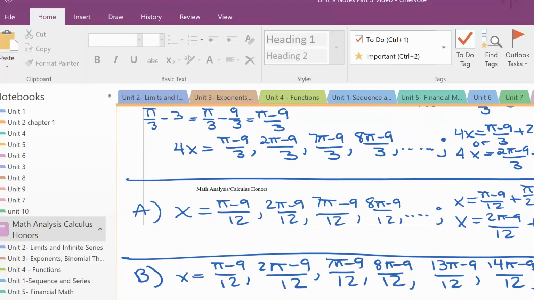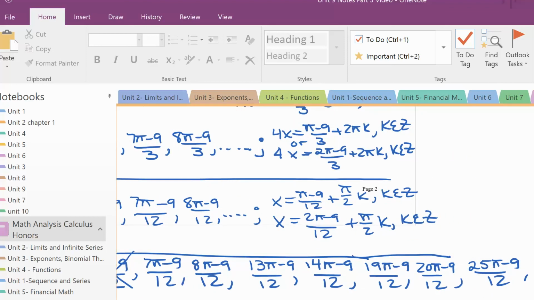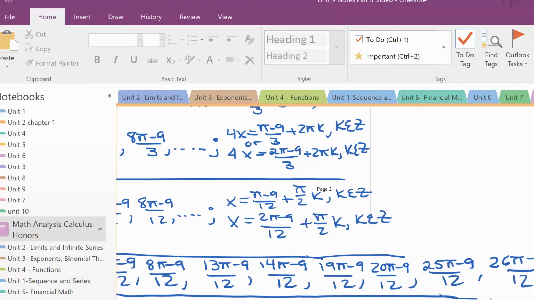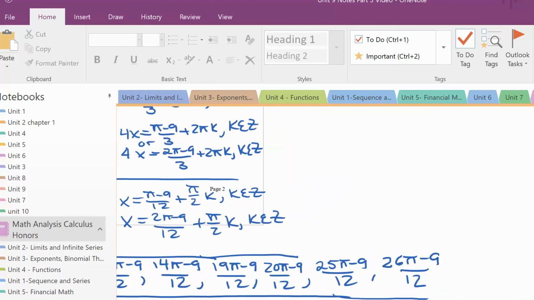Now the only thing you have to go back, pi minus 9 over 12 and 2 pi, those are all going to be negative, so you can cancel those out. So actually from here all the way down to there, those are all between 0 and 2 pi. So remember, you just start by putting numbers in for k, and then you just need it to be between 0 and 2 pi. Once it gets to be bigger than 2 pi, you can stop.